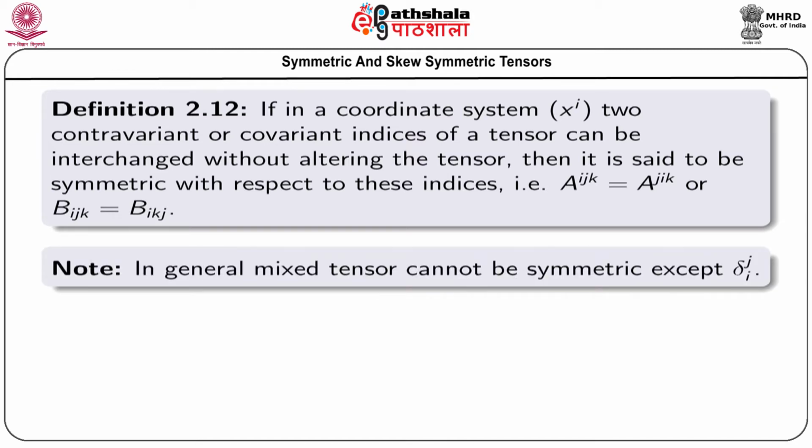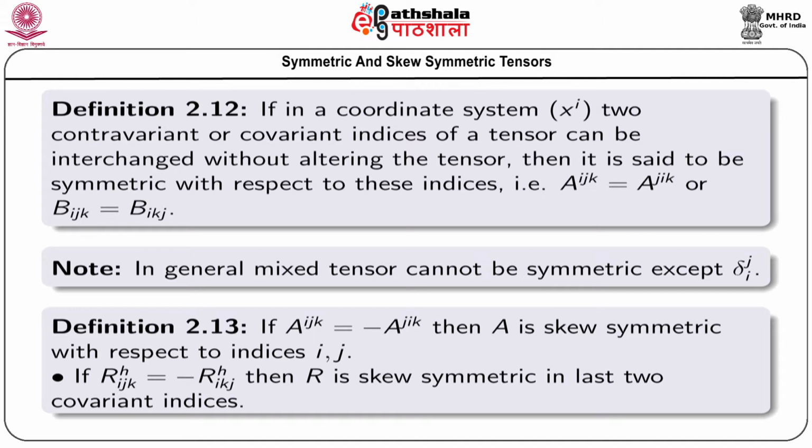In general, a mixed tensor cannot be symmetric except delta i j or delta j i, whatever you can say, that these are mixed tensors of type 1,1. For a skew symmetric tensor, the components occur with a negative sign when we change the index.